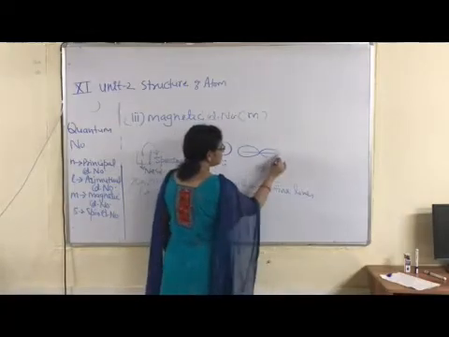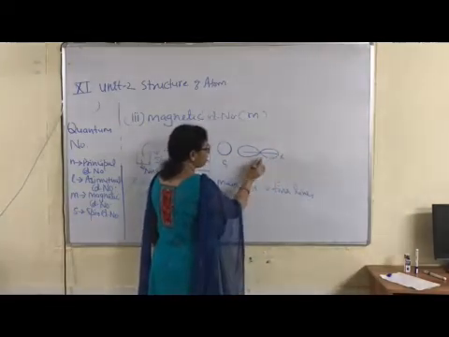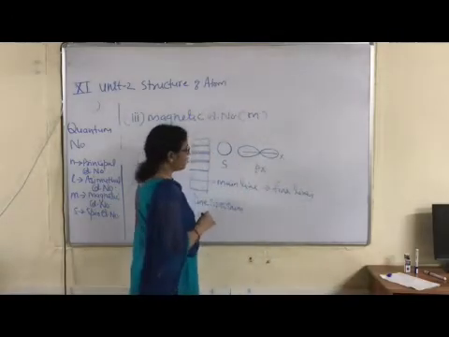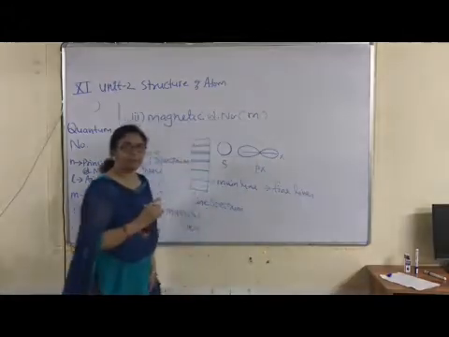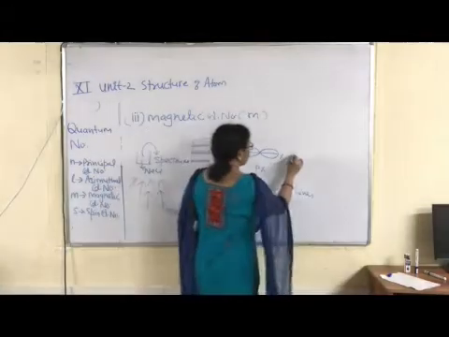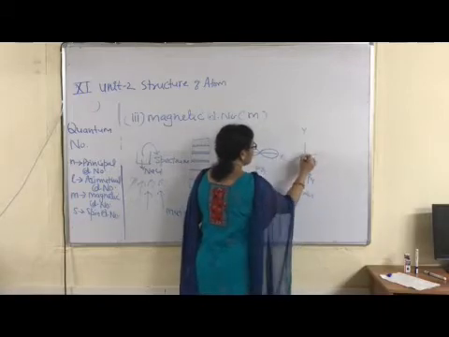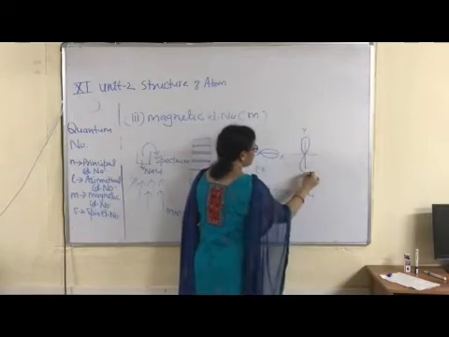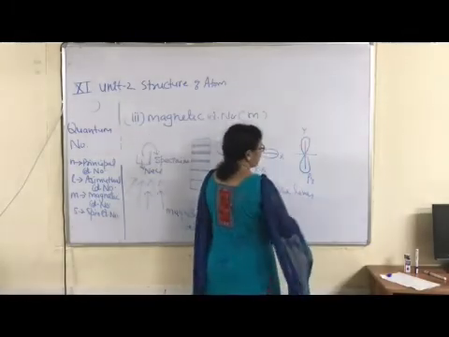First is X. This is the X axis. So alignment of the P orbital along the X axis. Okay. What is the shape of the P orbital? This is dumbbell shape. Right. Second is Py. This is the Y axis. Alignment of the P orbital along the Y axis.